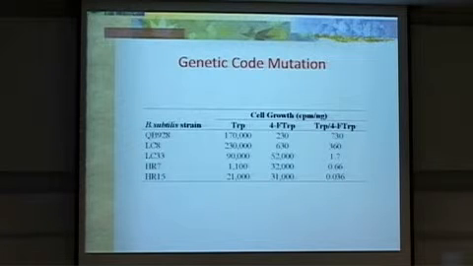So we mutated bacteria, B. subtilis, and this is the wild type, QB928, and it grows very well in tryptophan, of course, and if you allow incorporation of phosphate into the agar, there's hardly any incorporation in the presence of 4-fluorotryptophan. So the ratio is 730 to 1.